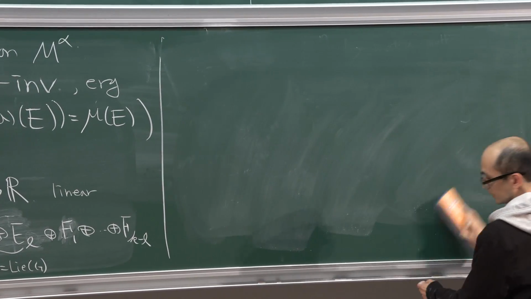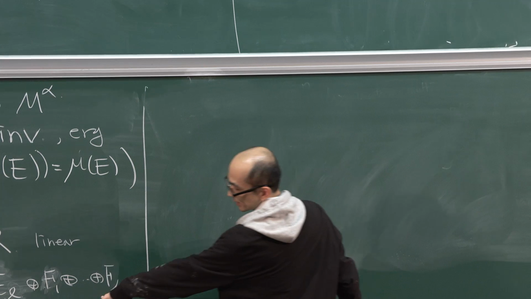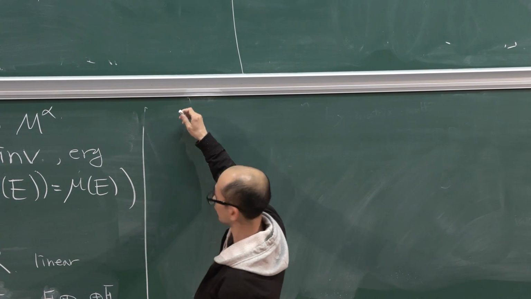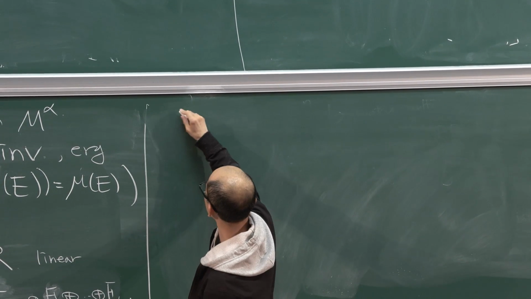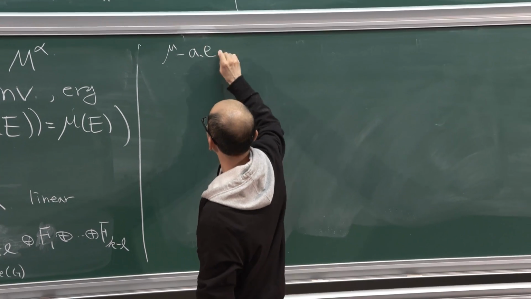So this splitting is only defined measurably. So mu almost everywhere.